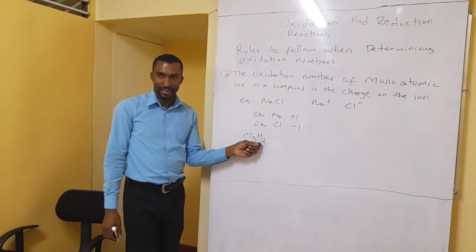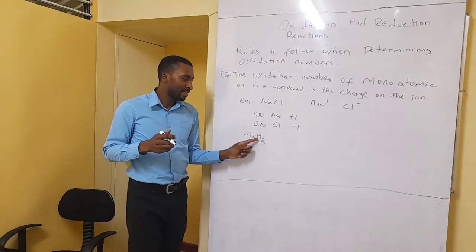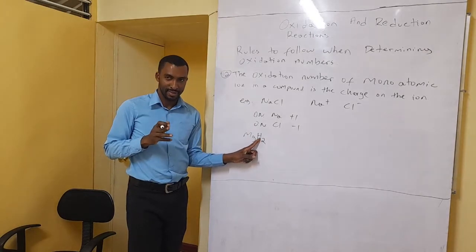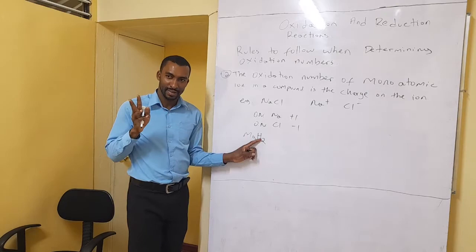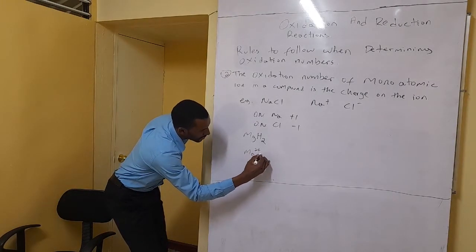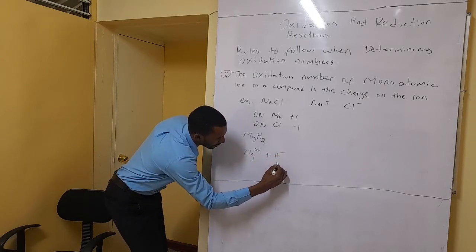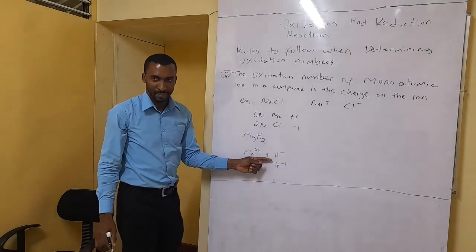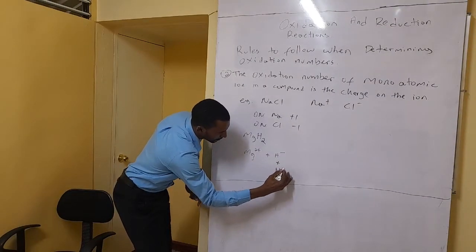Magnesium hydride. In this case, this is not hydrogen gas. It's two hydride ions. So this breaks down into Mg2+ and two H-.